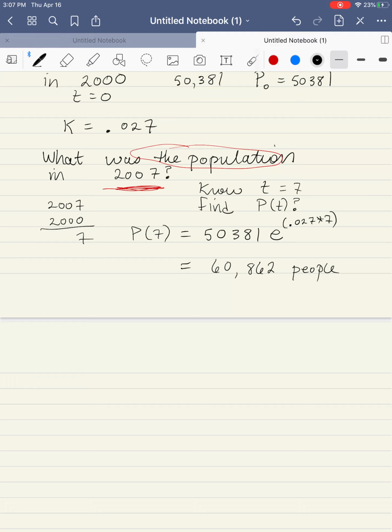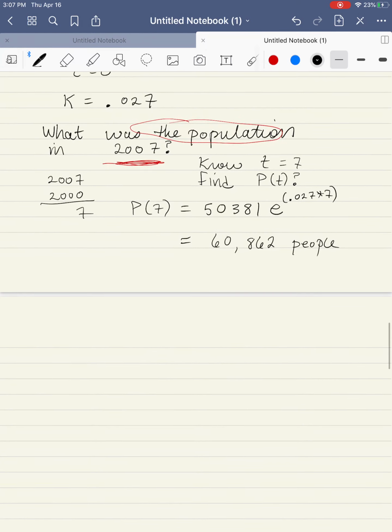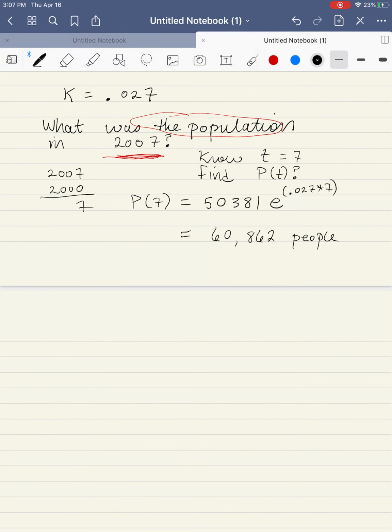All right, what if I knew that when the population reached, say, 75,000, I would need to build another elementary school? And I want to know how long I would have to plan for that. And we're assuming that we're back in the year 2000. So let's say in the year 2000, we have 50,381 people. We know that we're growing at the rate of 2.7%.